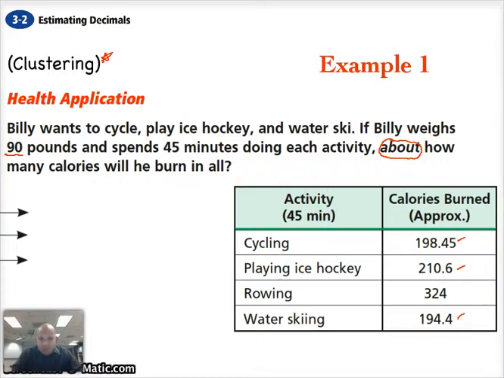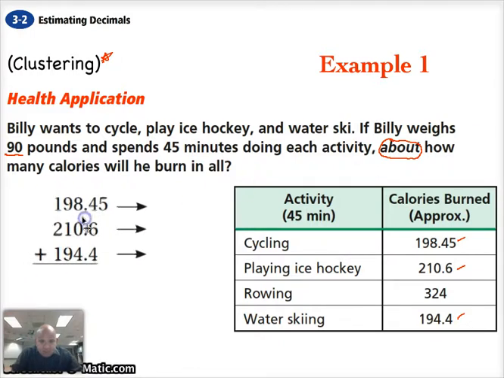Well, there's the data. So what we're going to do is take a look at the amount of calories burned in each activity and add them up. Of course, we're not going to add them up exactly. We're going to estimate their addition. So in clustering, what we would notice is that each of these numbers is around what number? Well, they're all around 200.